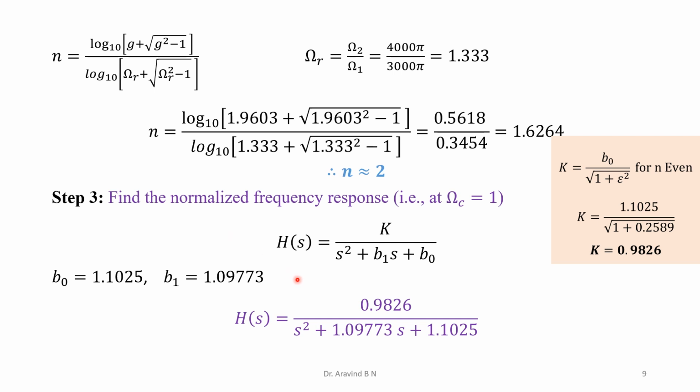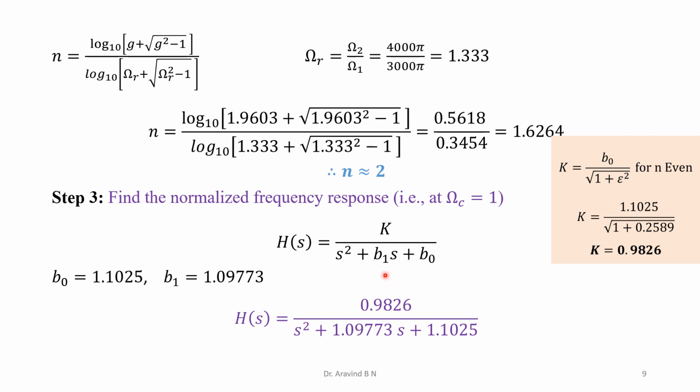In this problem, I am making use of the lookup table in order to obtain the normalized filter response based on the value of epsilon, and with respect to order 2 I am going to have the realization. For order 2, H of s is given by K divided by s square plus b1 s plus b0.